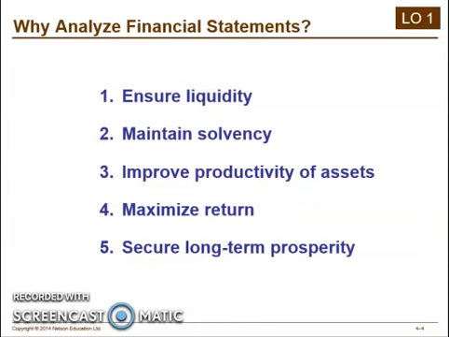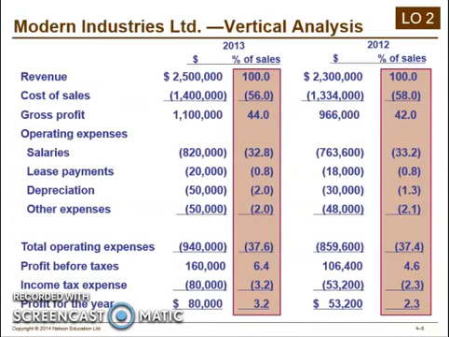Okay, so the first thing we're going to do is look at an example, Modern Industries Limited, and this is what we call a vertical analysis. As you can see, the percentages are going down, and they're using the same format as the statement of income. You can see we're comparing one year to the next. We have 2012 and we have 2013.